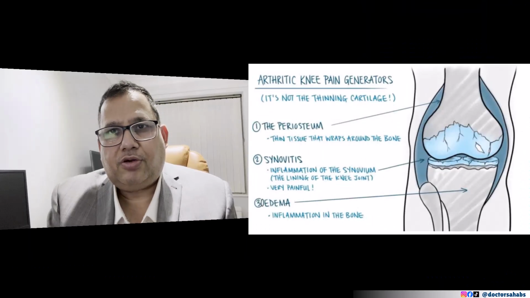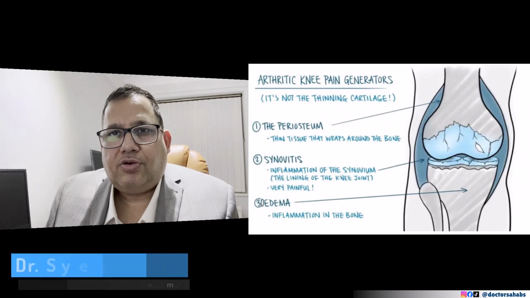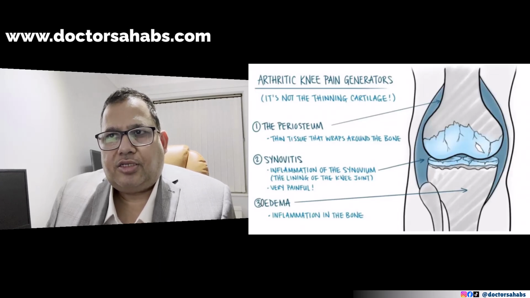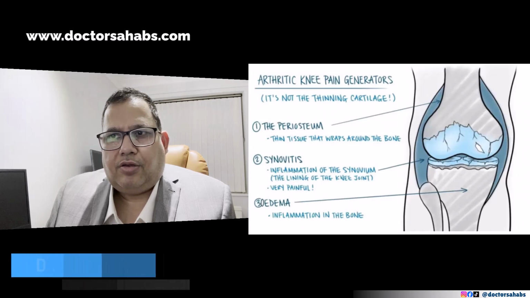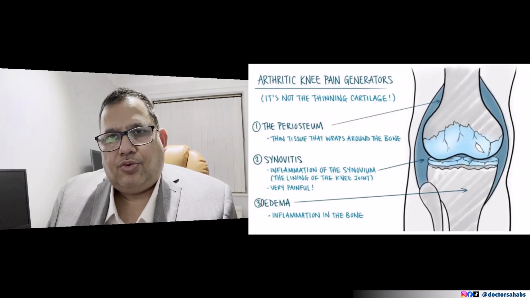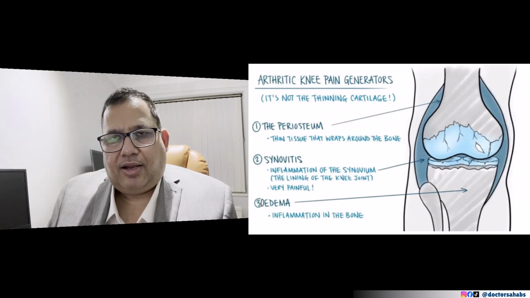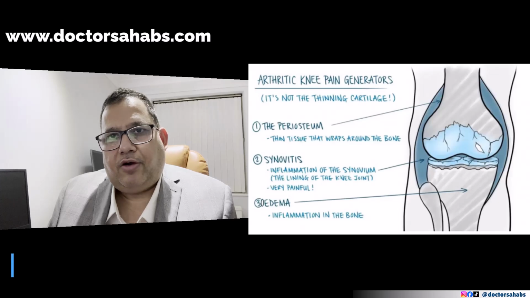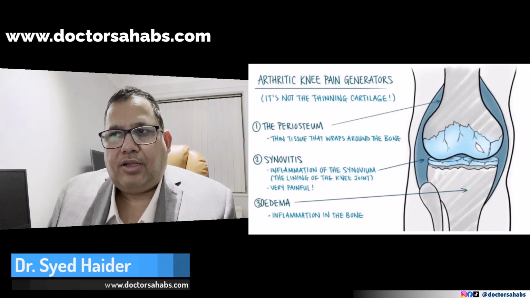So this is severe osteoarthritis. Sometimes the patient needs a walking aid to help them walk because of the pain, and to help in climbing the stairs, or they are advised to use the handrail.